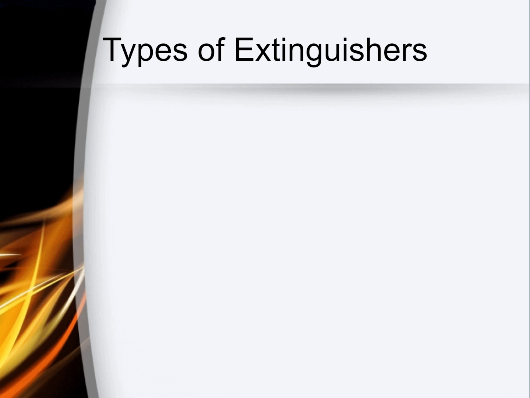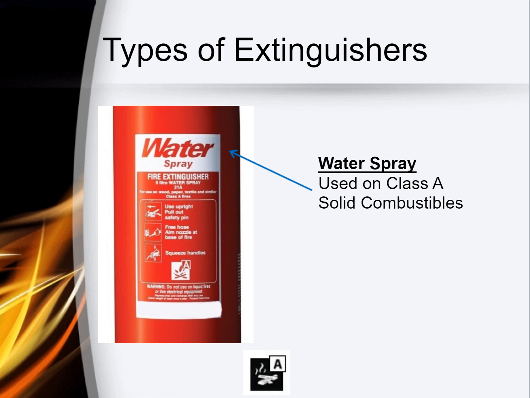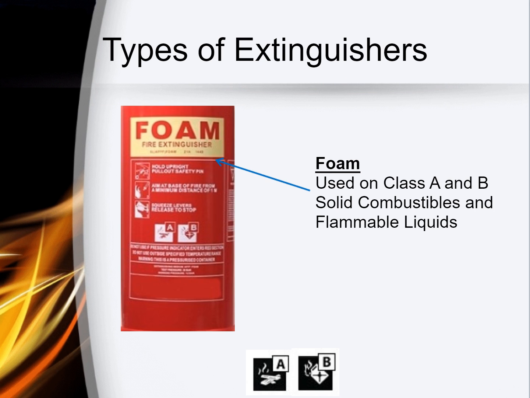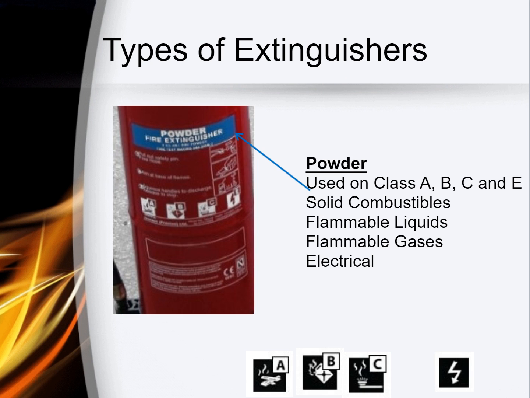So going over these again pictorially, a water spray extinguisher is used on combustible materials. A foam extinguisher is used on solid combustibles and flammable liquids. A powder extinguisher is used on solid combustibles, liquids, gases and electrical fires.